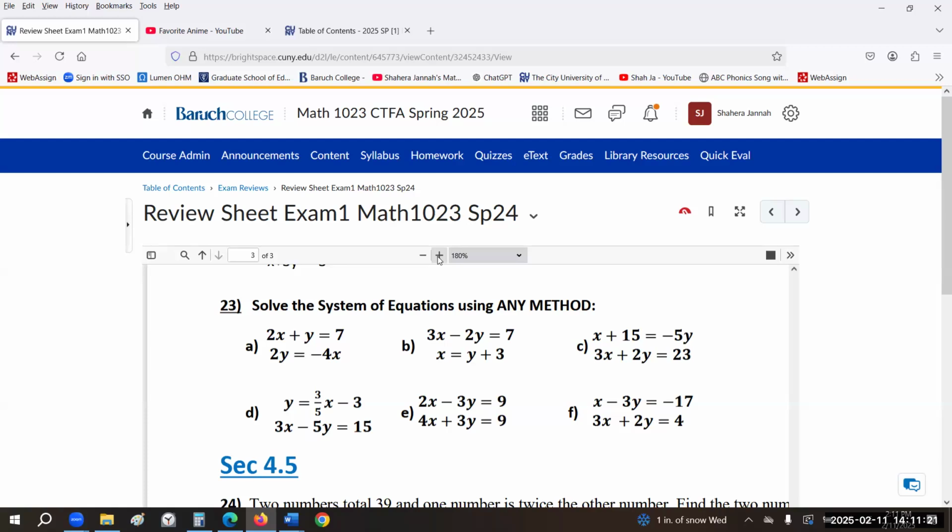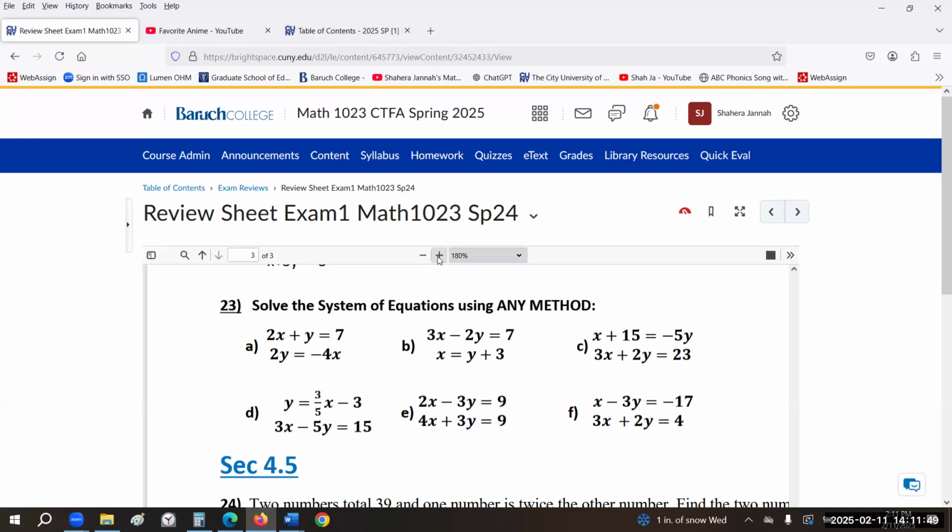What symbol is between 9 and y? Nothing, right? We see an invisible multiplication. So what is the opposite of multiplication? Division. That is to divide. Cancel the 9 and 9.